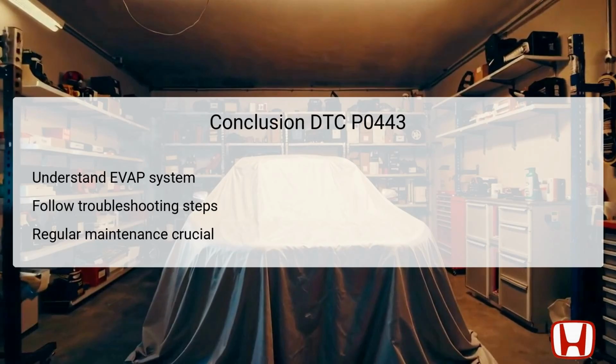Additionally, implementing regular vehicle maintenance procedures, such as checking vacuum lines and electrical connections, can reduce the risk of future DTC occurrences, ensuring that your vehicle runs efficiently and remains compliant with emissions regulations. Ultimately, prioritizing both troubleshooting and preventive maintenance contributes significantly to a vehicle's long-term health and performance.